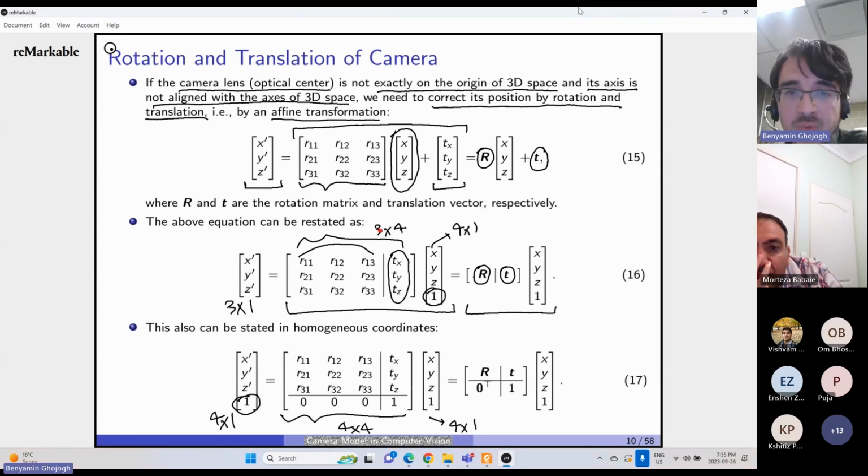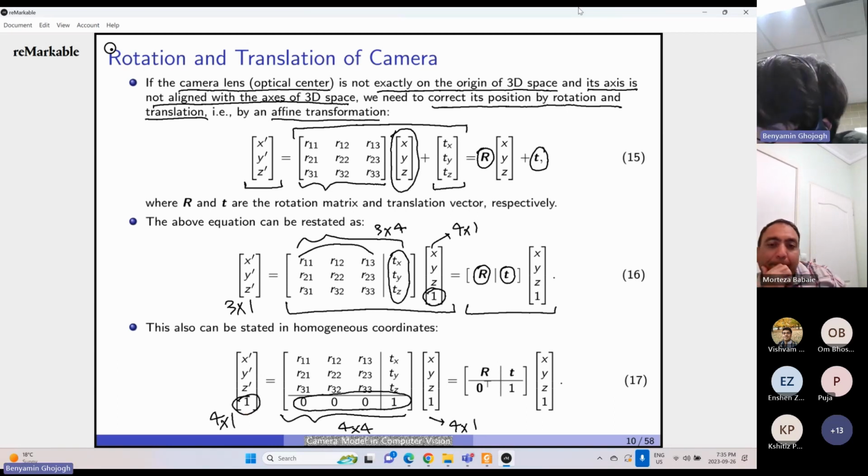This was 3x4, we need to make it 4x4, therefore we need to add a fake row. So we add the fake row as the last, because this is added as a last dimension, right? And I add 0, 0, 0, 1. Why? Because I want 1 to be equal to 1, right? Then, as you see, I have R matrix here. I have T vector here.